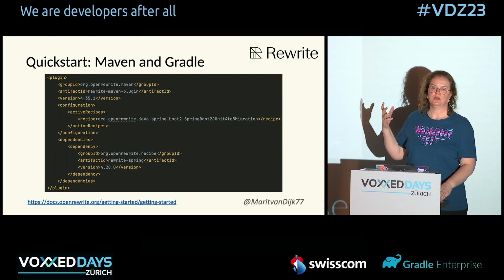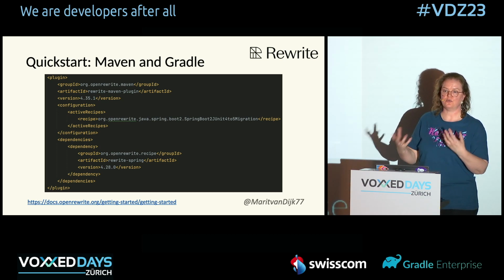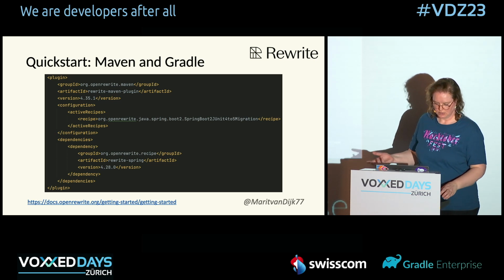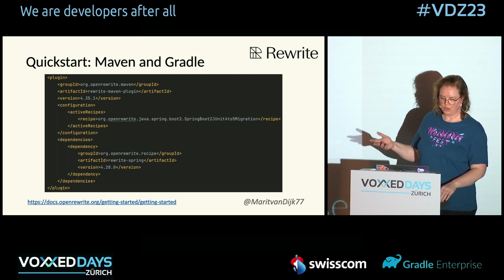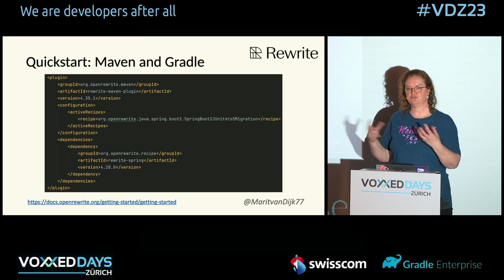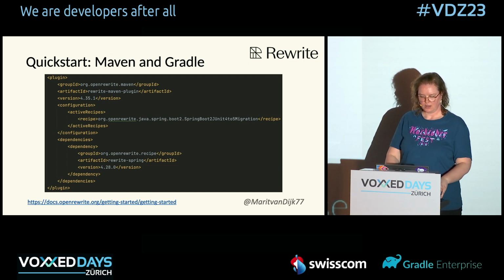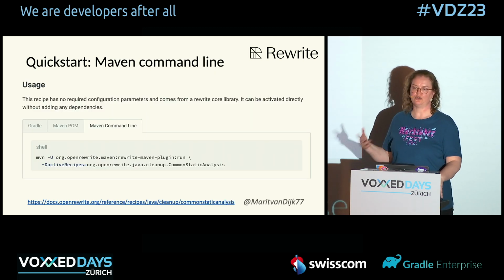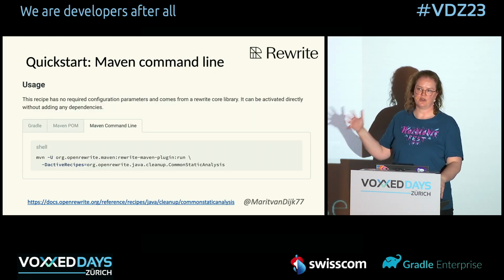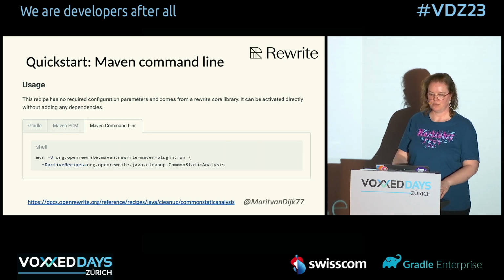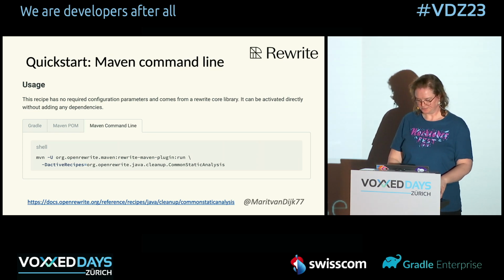They have the option to combine recipes. So for example, the Spring Boot 2 JUnit 4 to 5, which combines Spring updates and JUnit updates. And you can also run it from the command line so that you don't have to change your build file, but you can just apply it from the command line.